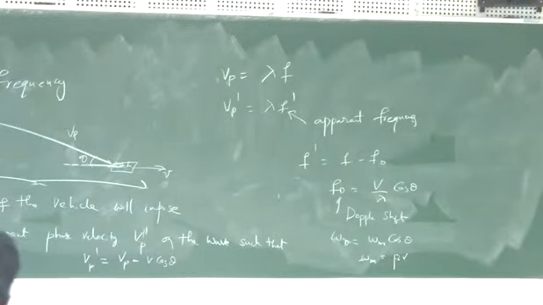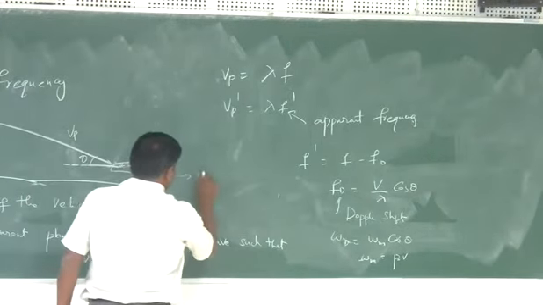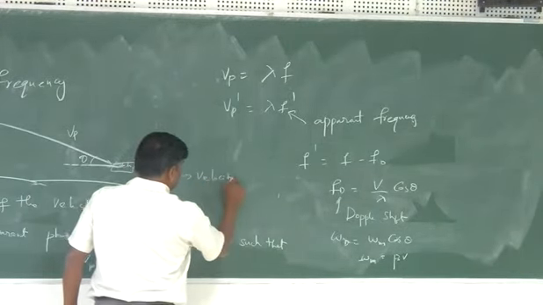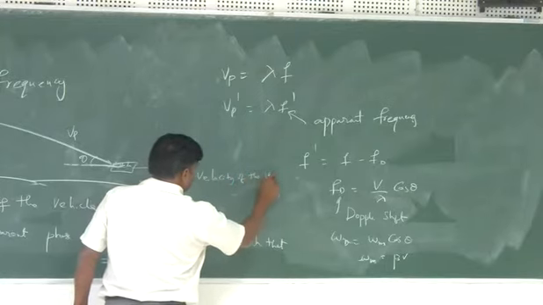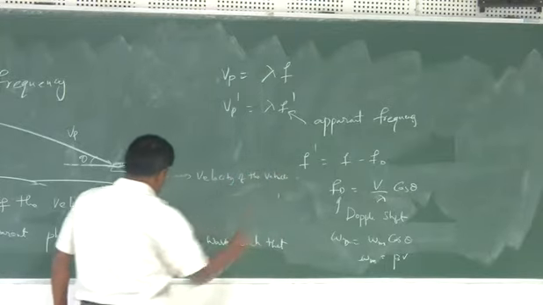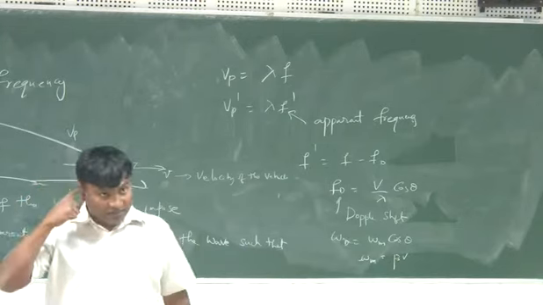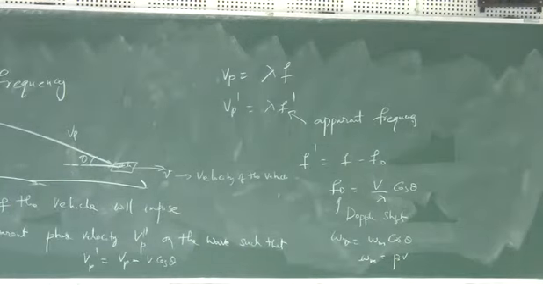D is the velocity of the vehicle. And Vp prime is associated with the incident wave. Okay, that is the phase velocity.